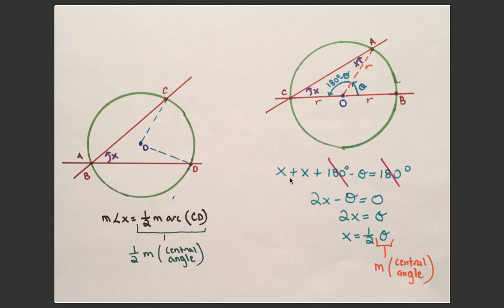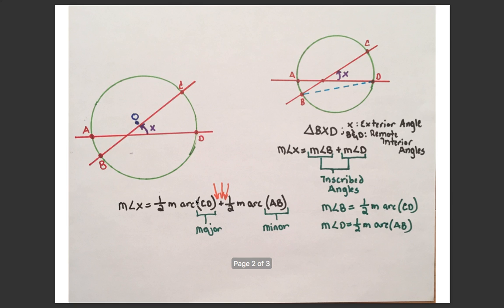So we have our two base angles, x and x. We have our third angle, 180 degrees minus theta, and we know that sums to 180 degrees. We cancel out the 180, and then we solve for x, and we get x is equal to 1/2 theta, where theta is the measure of the central angle, and that correlates back here. And we'll use this fact to demonstrate the following two relationships.